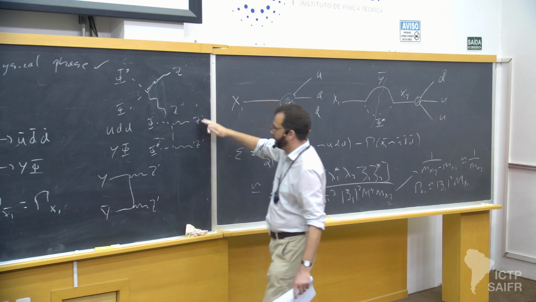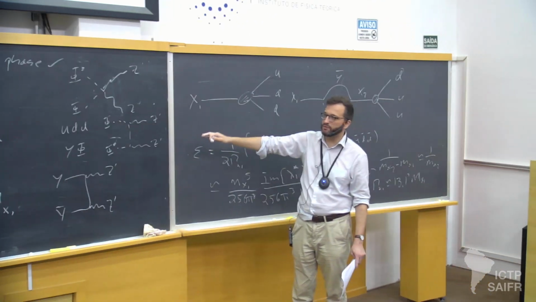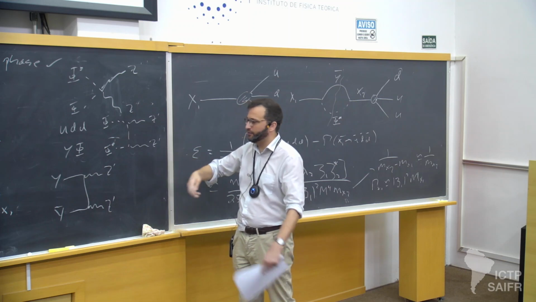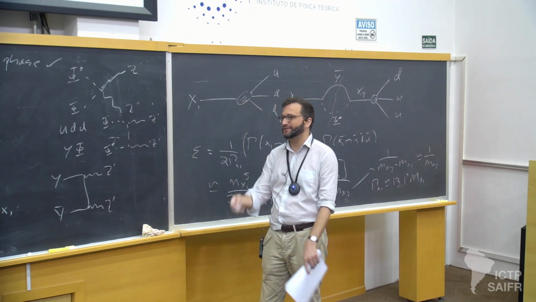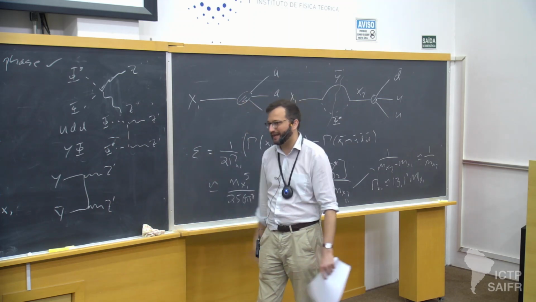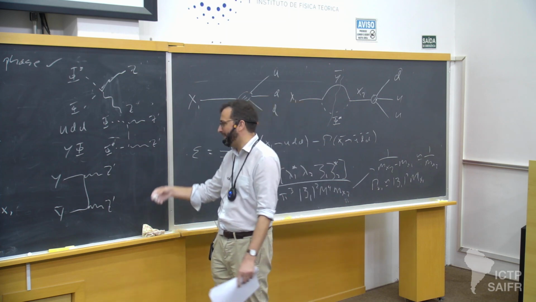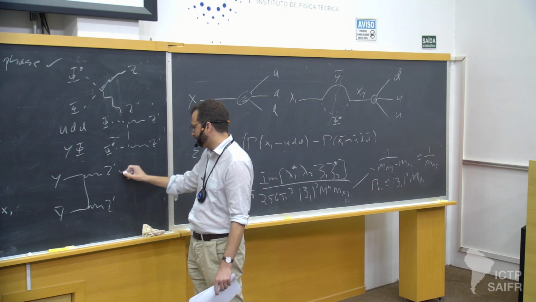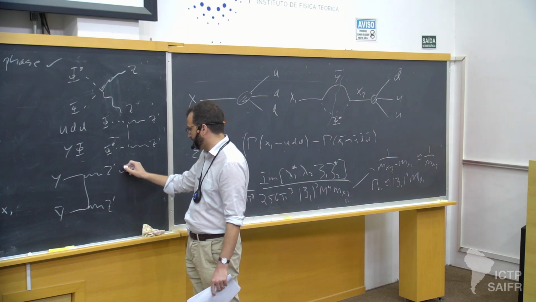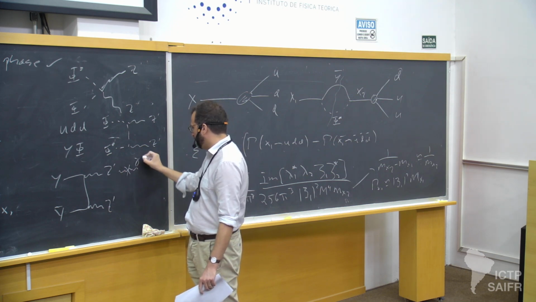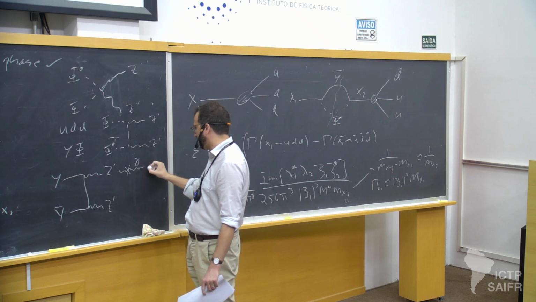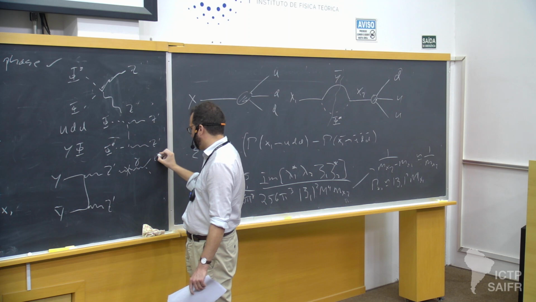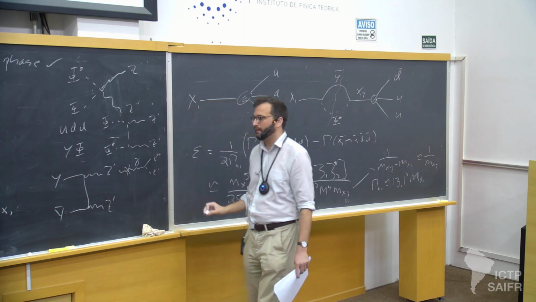Now this dark gauge boson will mediate. Let's say you don't want to run into N effective constraints, so you give it a mass, then you need it to decay. You can make it decay back into the standard model through a kinetic mixing. So let's put the kinetic mixing in. You go via the standard model photon to e plus e minus and so on.